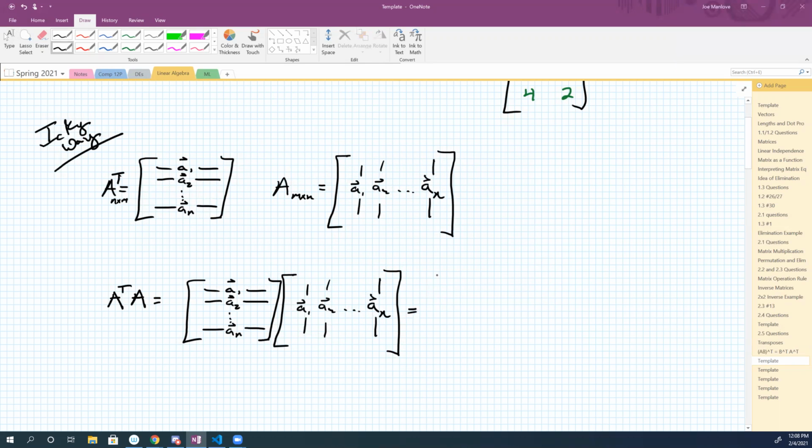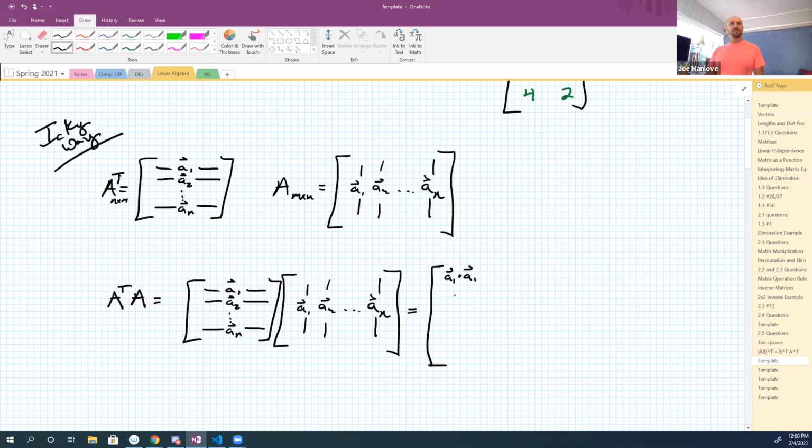And then, so you can see that if we multiply these together, in the first place we're going to get A1 dotted with A1. And then we go down and we're going to get A1 dotted with A2.